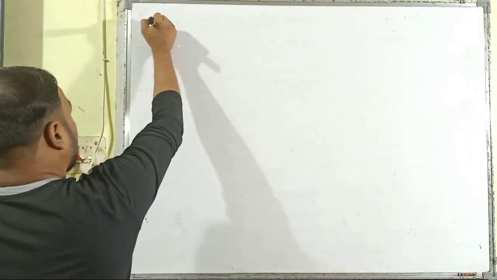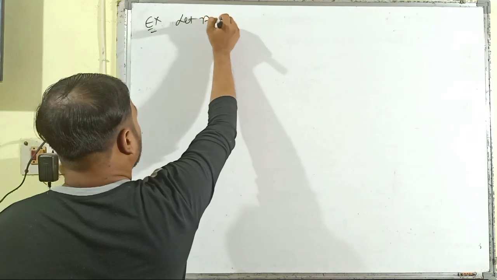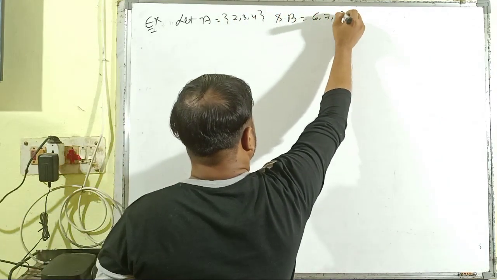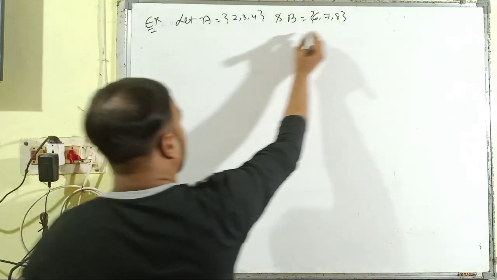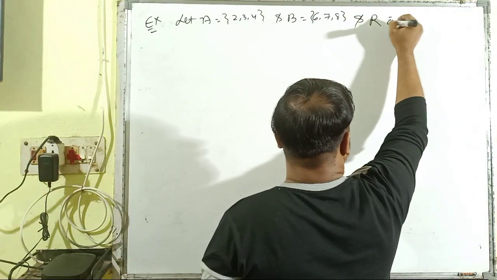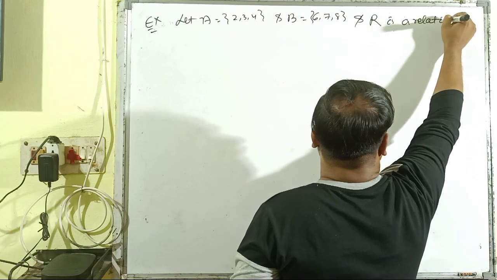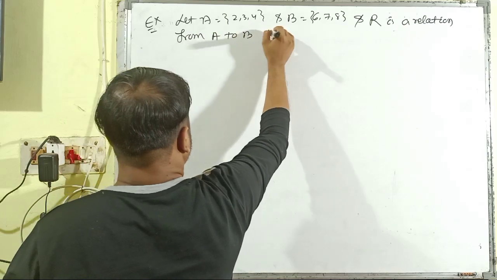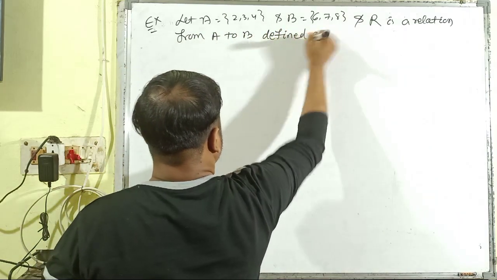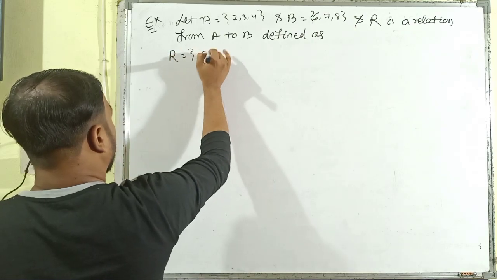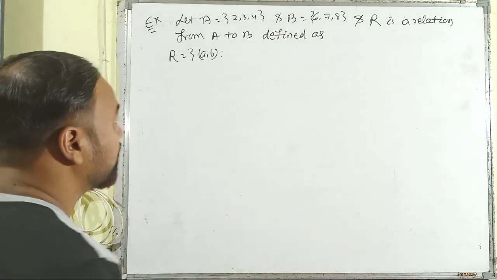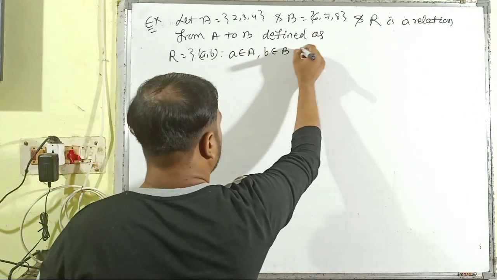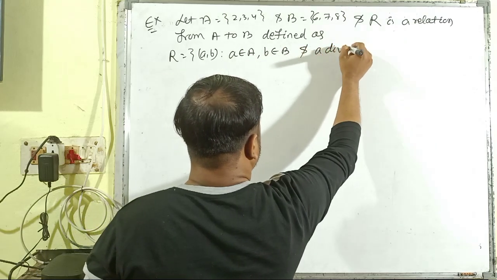Let us take an example. Let set A equal {2, 3, 4} and set B equal {6, 7, 8}, and R is a relation from A to B defined as R equals the collection of all possible ordered pairs (a, b) such that a belongs to A, b belongs to B, and a divides b.